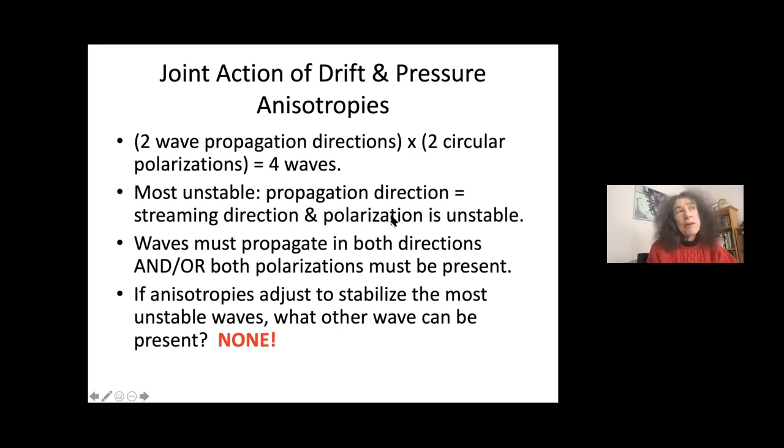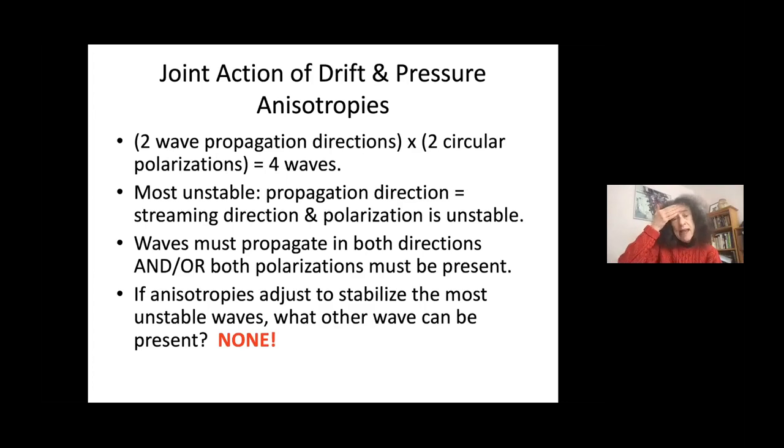But that wave will not scatter all cosmic rays. In order to have all cosmic rays scattered, the ones going up the field lines and down the field lines, you either have to have linearly polarized waves propagating in both directions, or one circular polarization propagating in one direction and the other circular polarization propagating in the other direction, or waves propagating in just one direction but with both polarizations present.